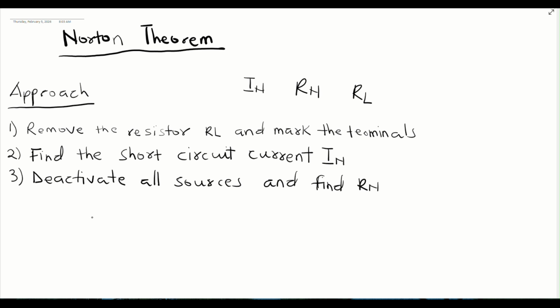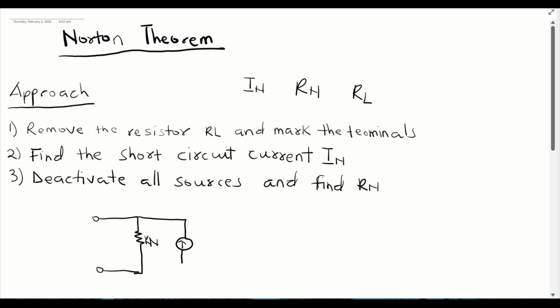So in between two terminals, any linear circuit can be replaced by the Norton's equivalent resistance, Rn, in parallel with the Norton's current, IN. So let's just say that we want to find the current that is flowing through a resistor RL connected between the two terminals.